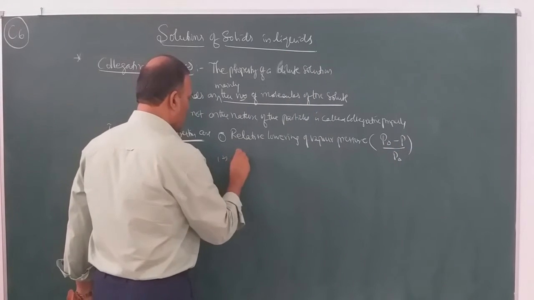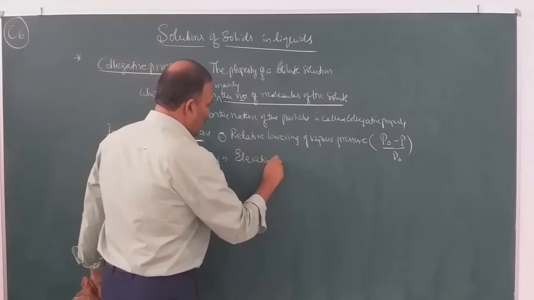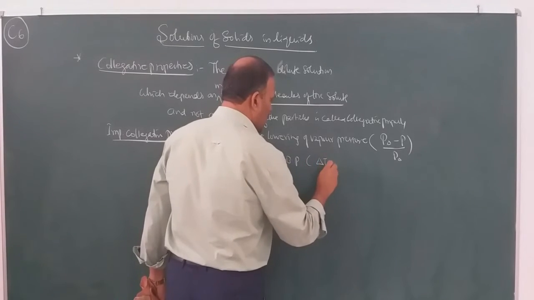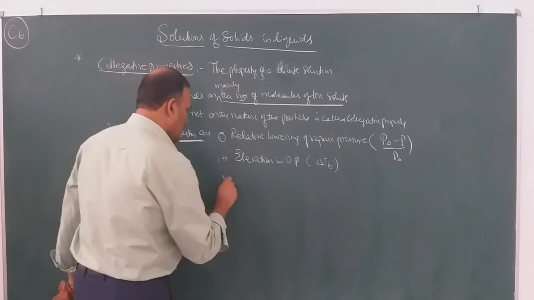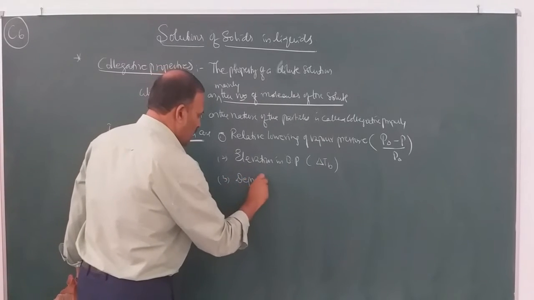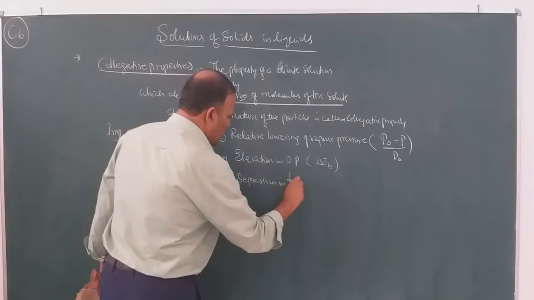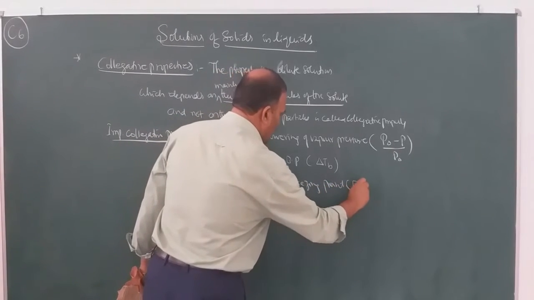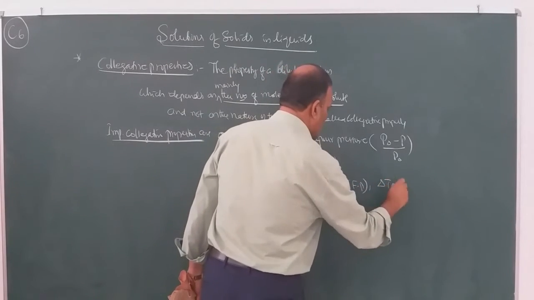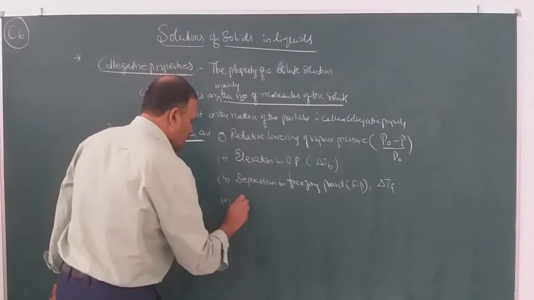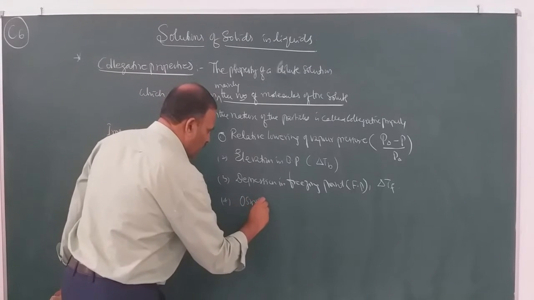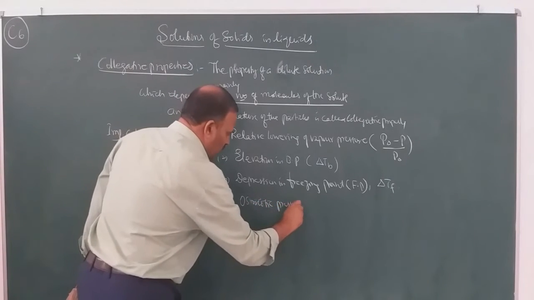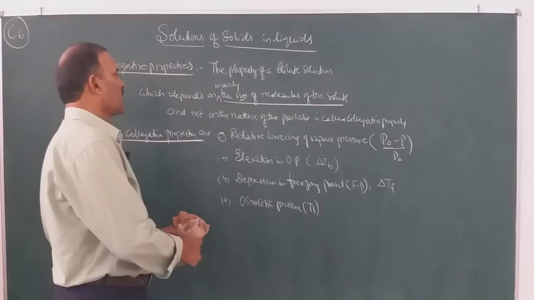Number 2, elevation in boiling point, that is delta TB. Number 3, depression in freezing point, that is delta TF. And the fourth one is osmotic pressure, designated as pi.